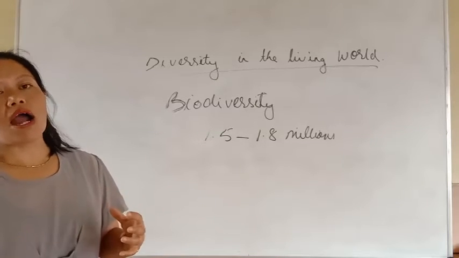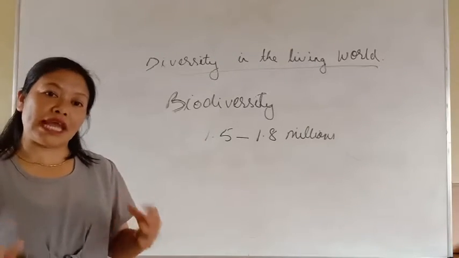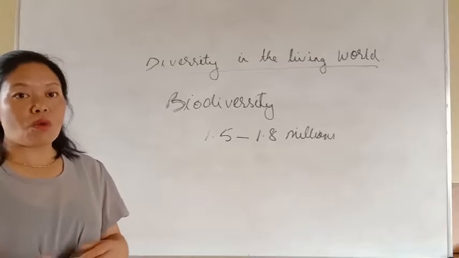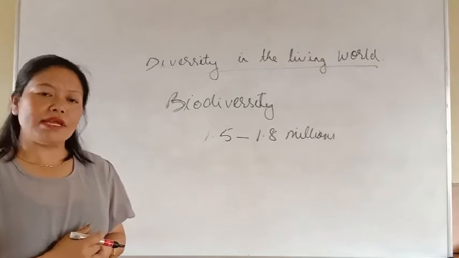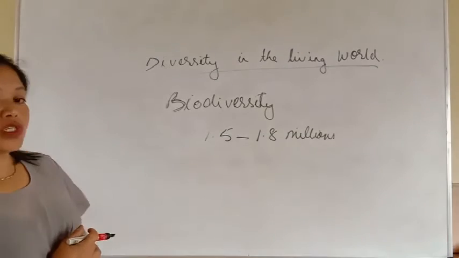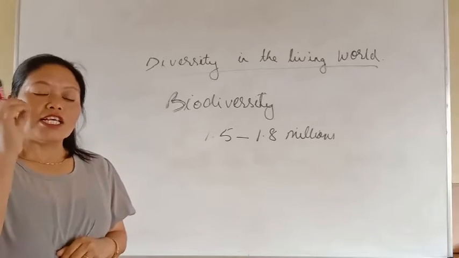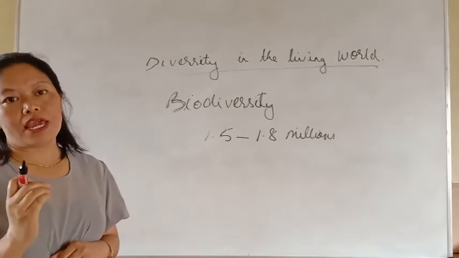Okay, so likewise, the name of each organism is known by local names everywhere, and it varies from place to place. So what happened? To know all those organisms by local name, it is very difficult. So to avoid the confusion, the scientists have given a specific name to each organism.